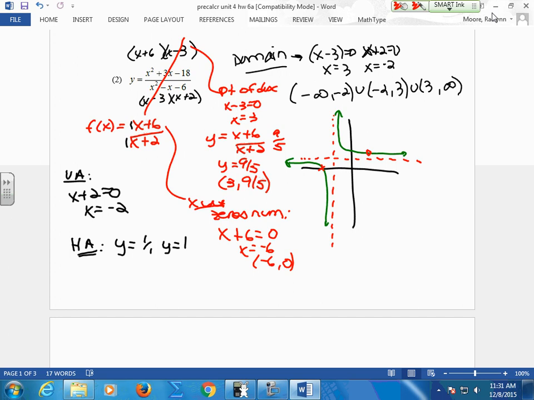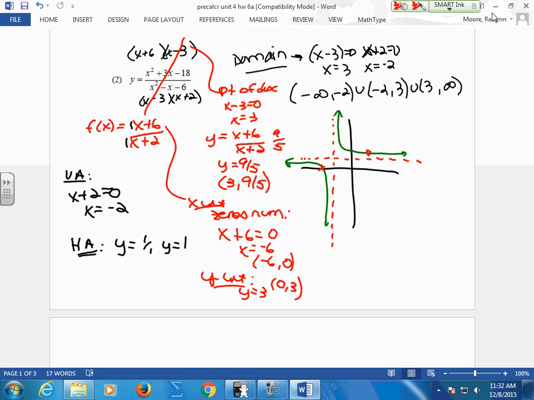I could check it on my calculator and see negative 6, 0. Okay. Y-intercept. I do see that I crossed a y-intercept. Cover them up. 6 over 2 is what? 3. Oh, yeah. And that looks probably right.